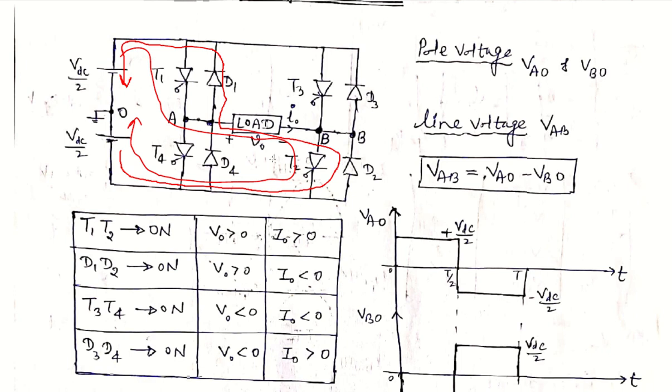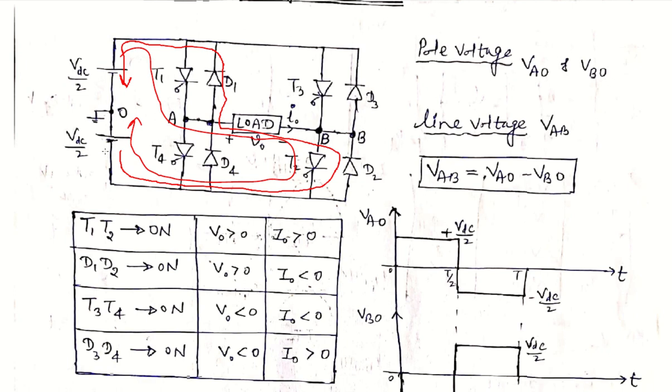And if we want to calculate VBO, then apply the KVL. In the lower half, we will apply the KVL from this negative, for the bottom supply VDC by 2. Then it is VDC by 2 minus VOB equals 0. So VOB equals minus VBO.